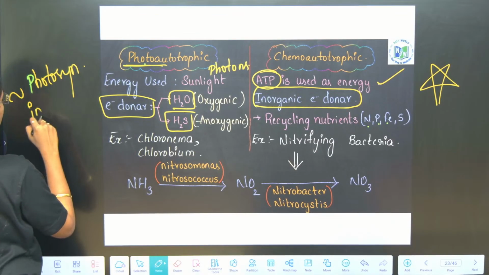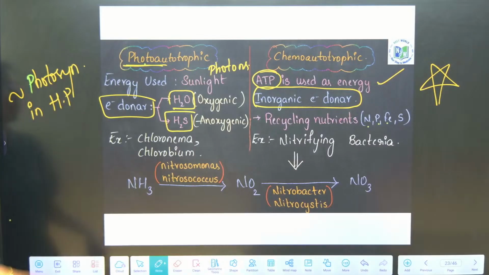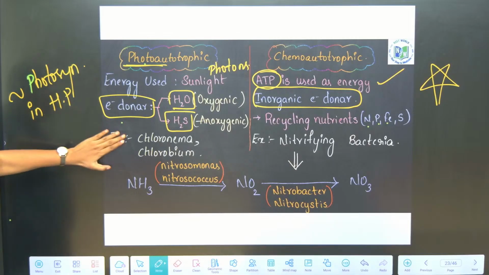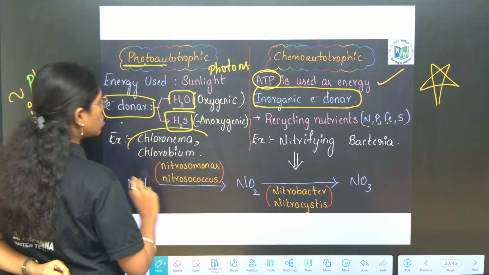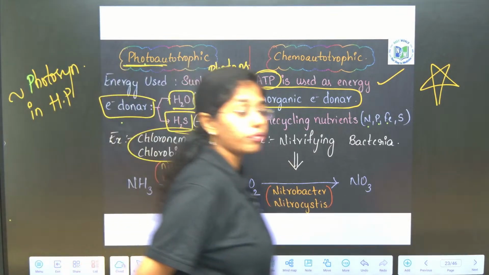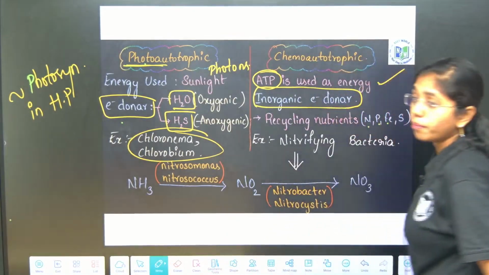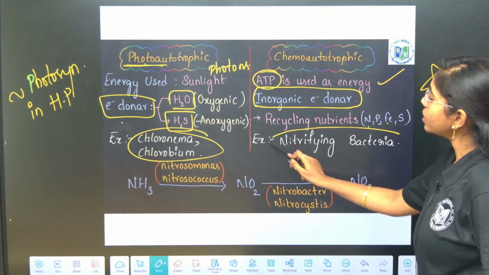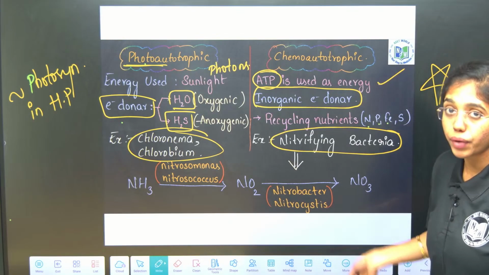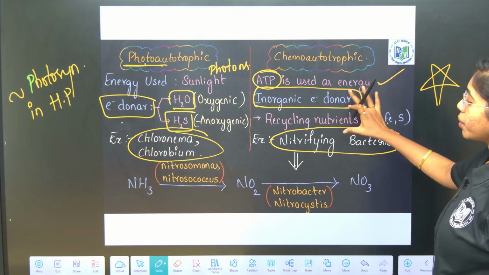In connection with this chapter, questions about electron donors and energy usage will be asked. Examples under the autotrophic mode of nutrition include Chloronema and Chlorobium. For the chemoautotrophic mode of nutrition, the best example we have taken here is nitrifying bacteria.